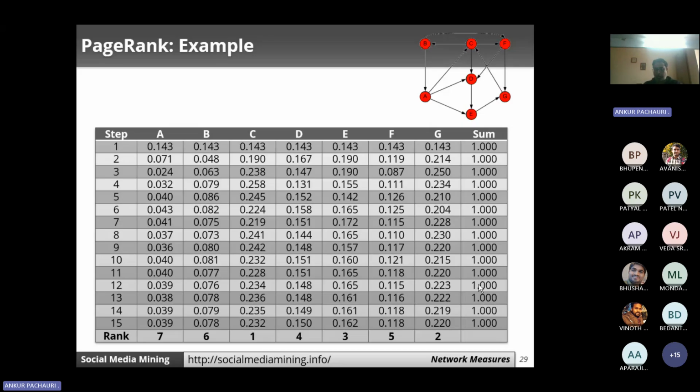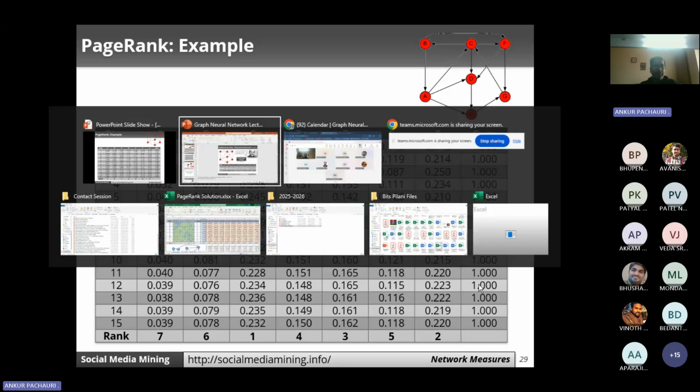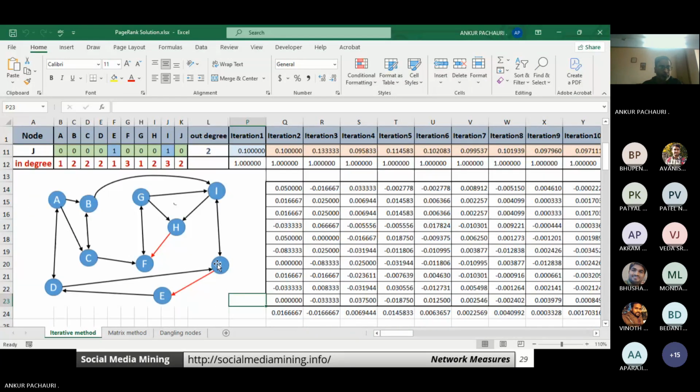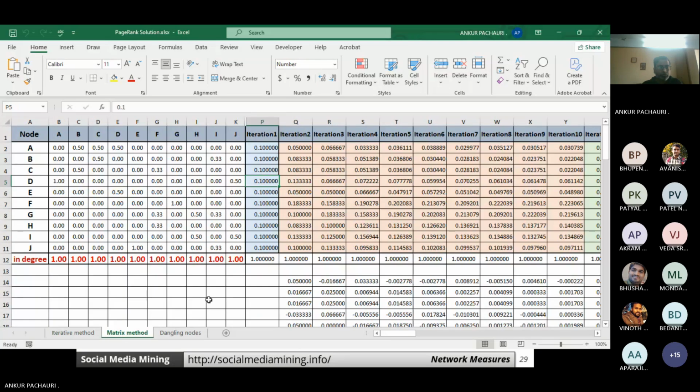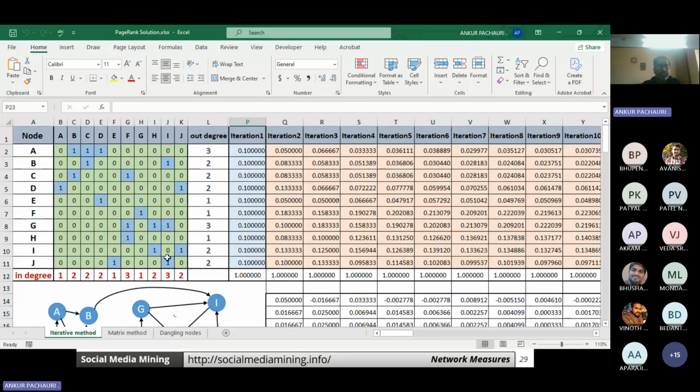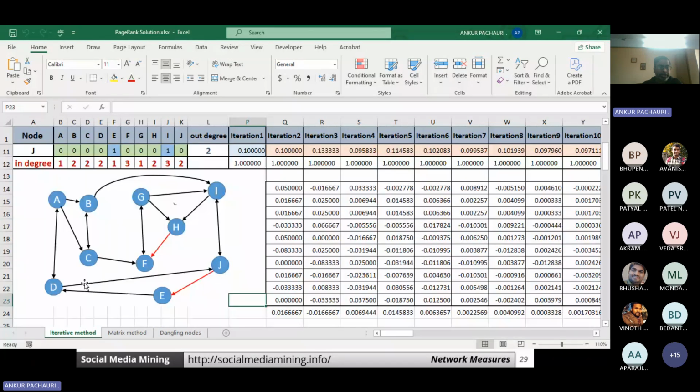Now, if you want a working example, I have also solved one on the same traditional graph.